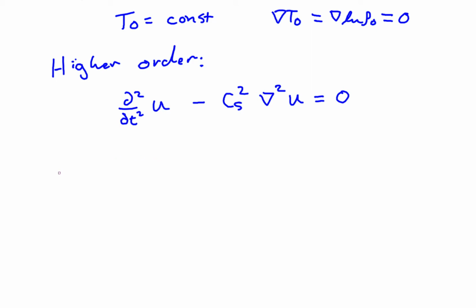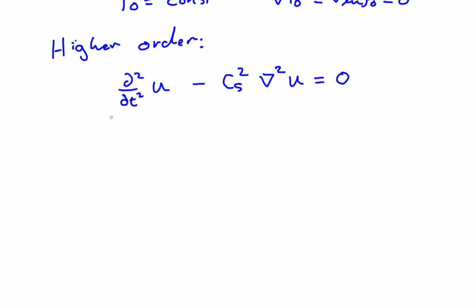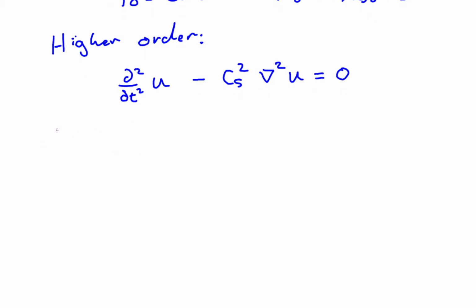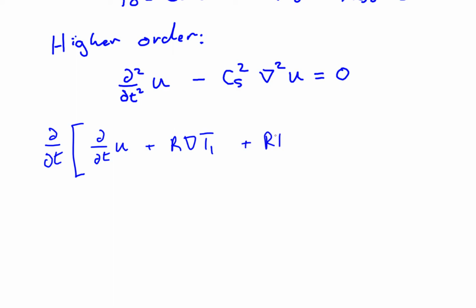Well, we can start doing this by taking our momentum equation and taking its time derivative. So we take d by dt of our momentum equation. So this is d by dt of u plus R times the gradient of T1 and R T naught times the gradient of log rho 1.